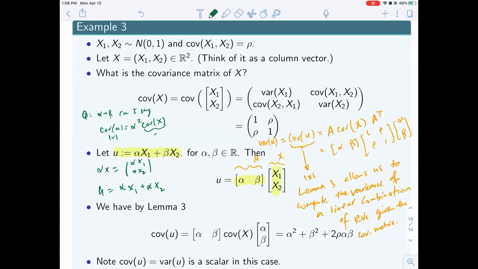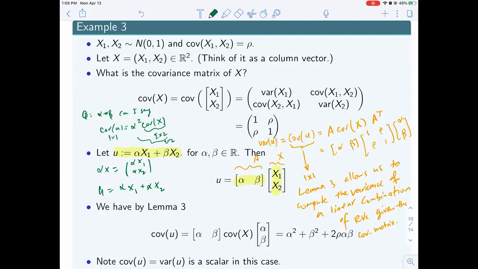The covariance of X is not going to change unless you change X. And alpha would be 2 by 1? No, the assumption is that alpha and beta are both scalars. Okay. So you're multiplying a number by a 2 by 2 matrix, and so the result is still 2 by 2. Okay, thanks.